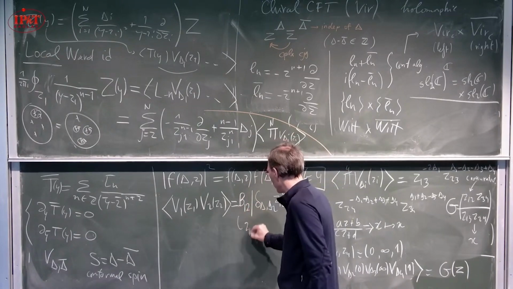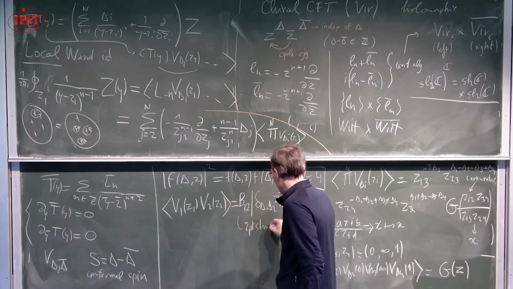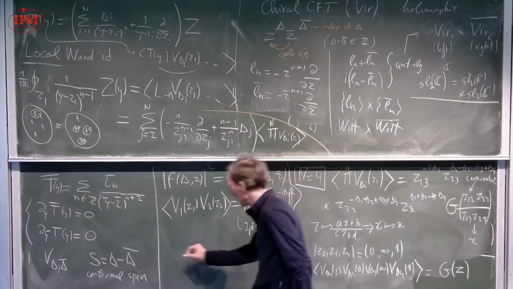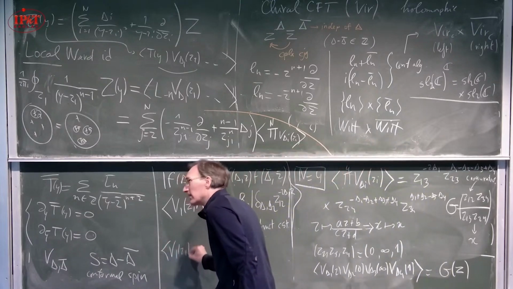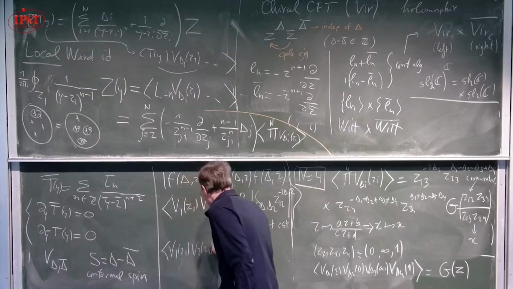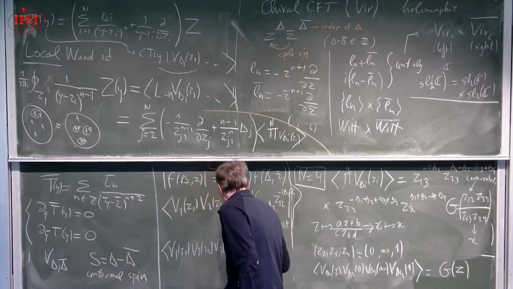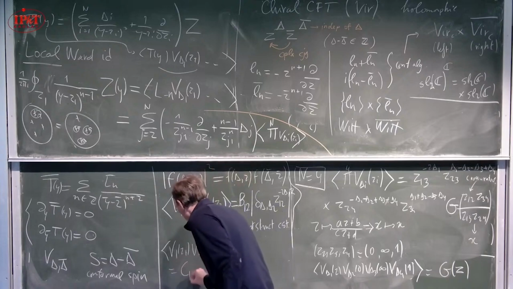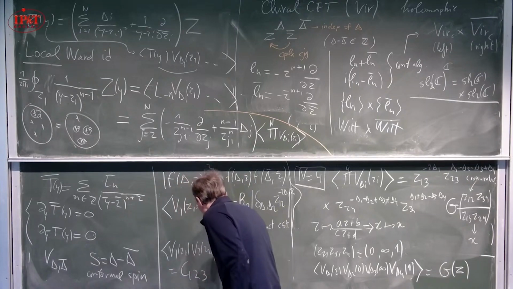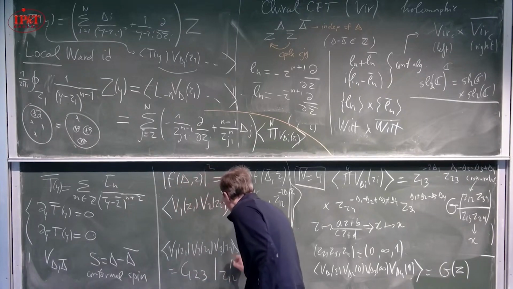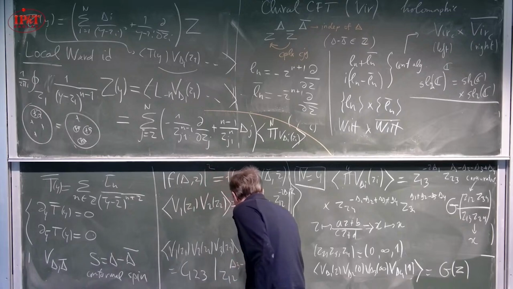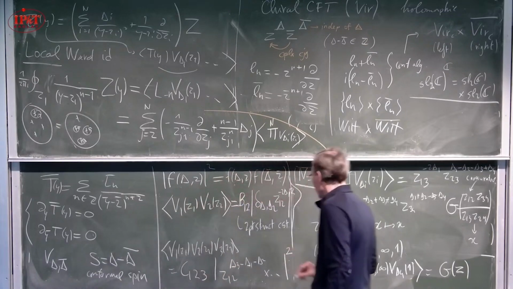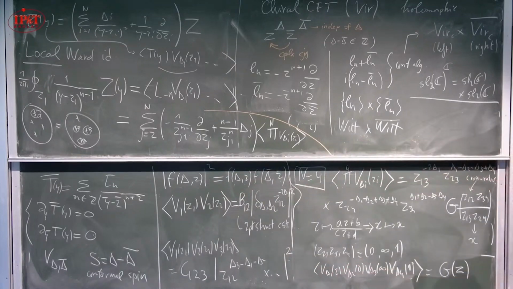So that's the two-point structure constant. And similarly, for a three-point function V1, V2, V3, we get a three-point structure constant C_123 times z_12 to the delta 3 minus delta 1 minus delta 2 times the other factors, modulus squared.